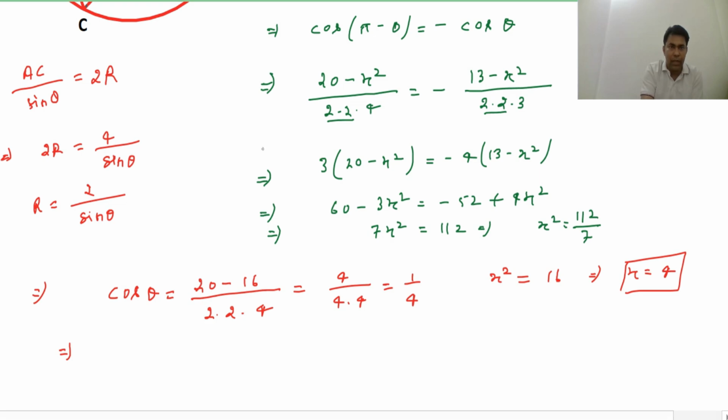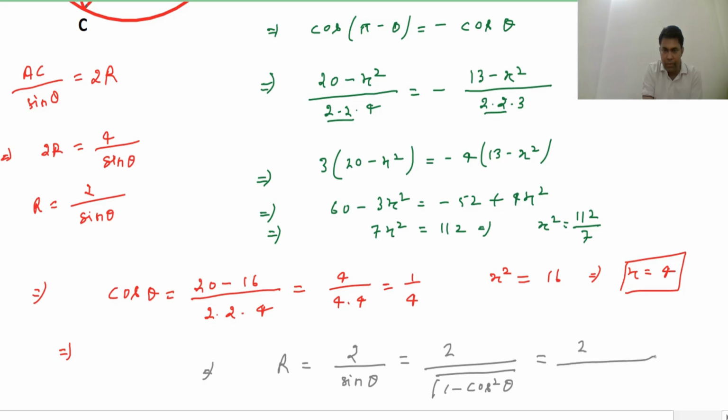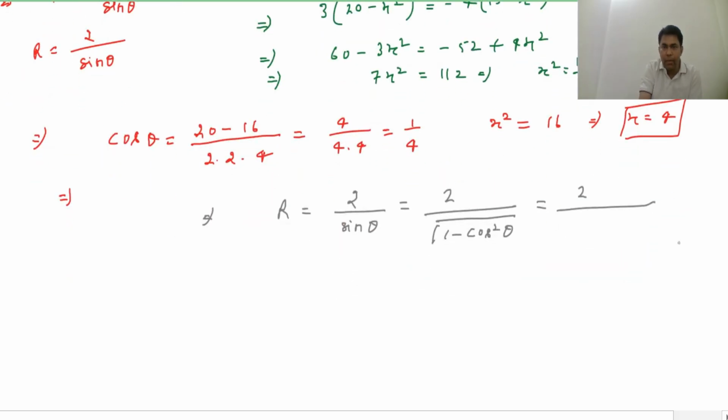So further we can write the value of r, that is 2 divided by sine theta, like 2 divided by square root of 1 minus cos square theta. If we put the value of cos theta, that is 1 divided by 4, it will become 2 divided by square root of 1 minus 1 by 4 raised to 2.